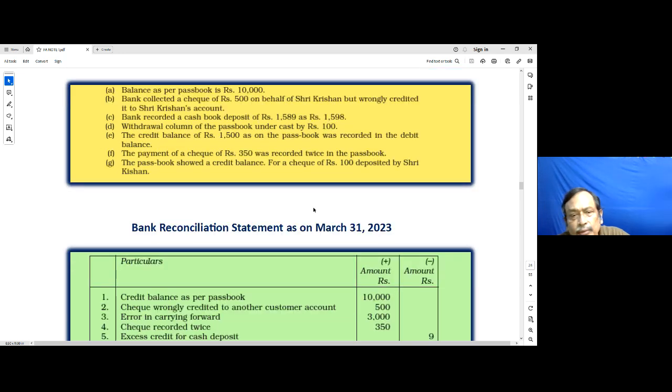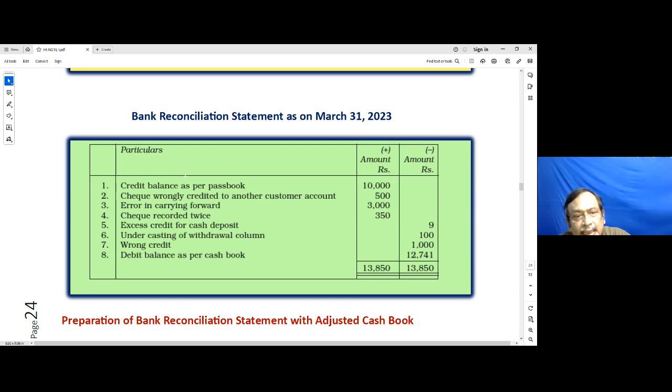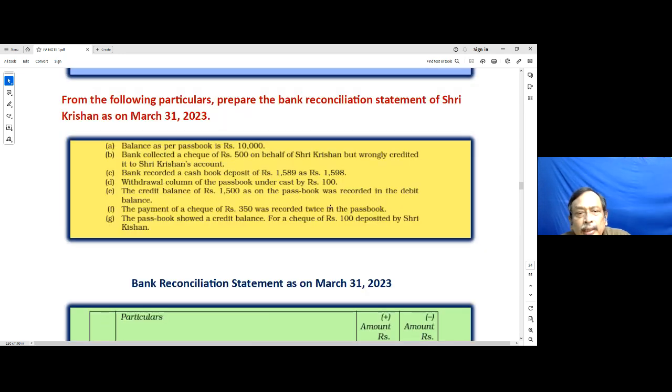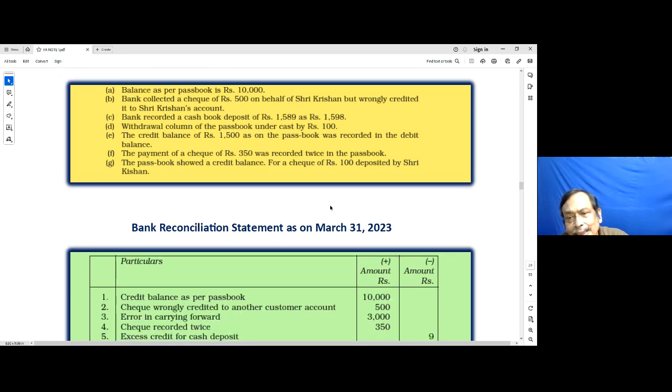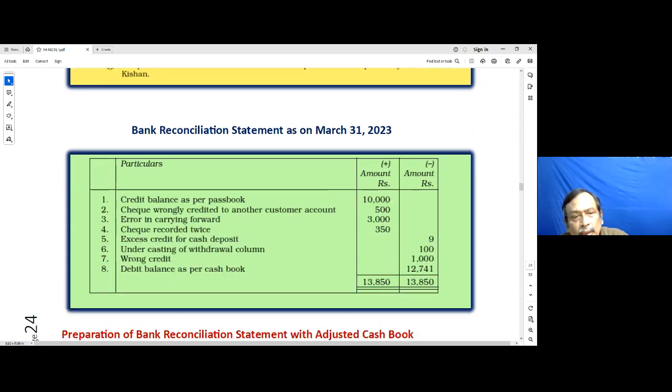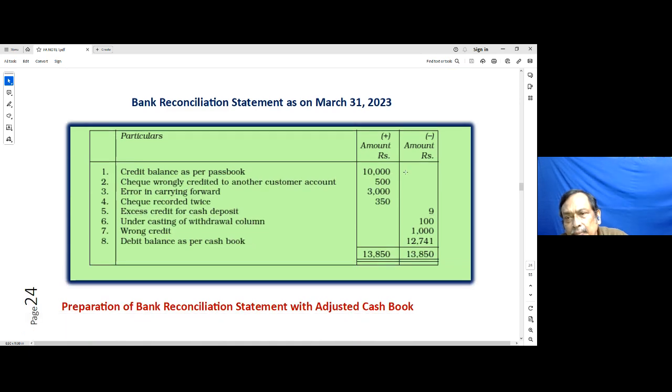So that 9 rupees excess credit for cash deposit is shown in the minus column. Then withdrawal column of the passbook undercast by rupees 100. So withdrawal means credit side. So undercasting of withdrawal column, then in the minus it will be 100.